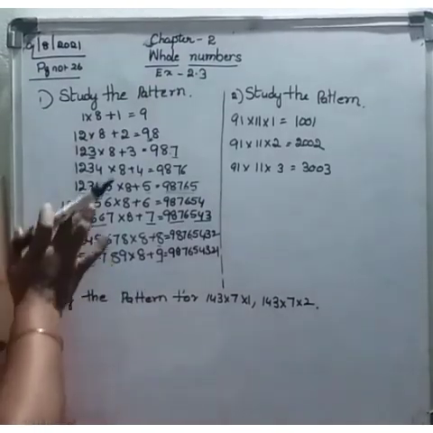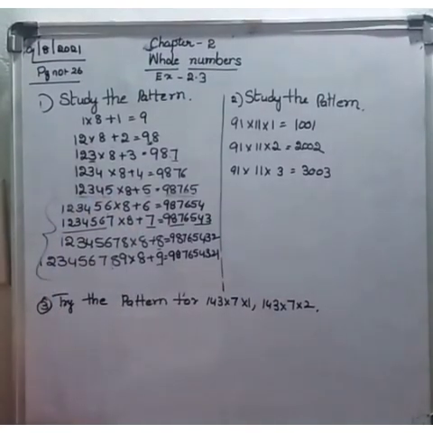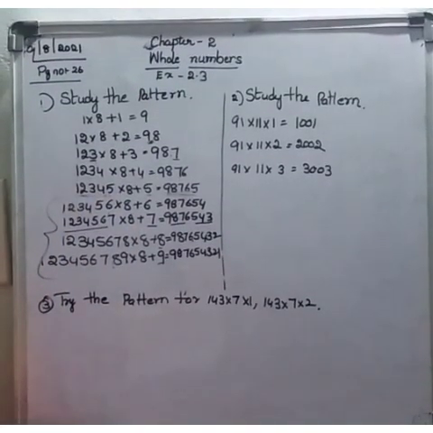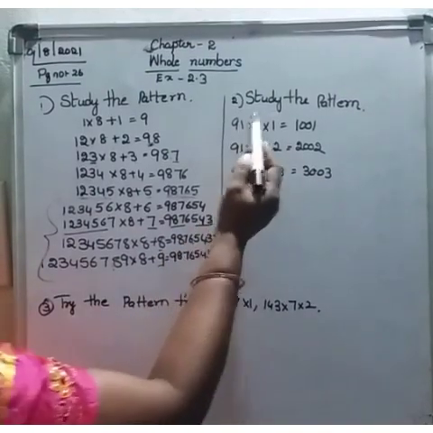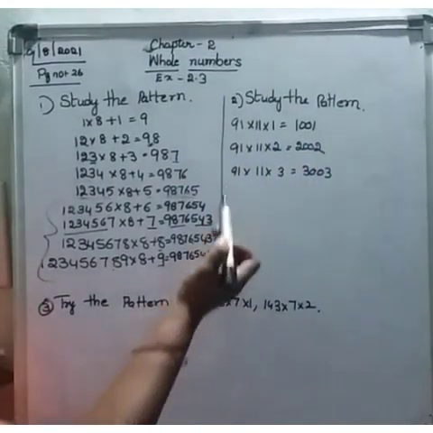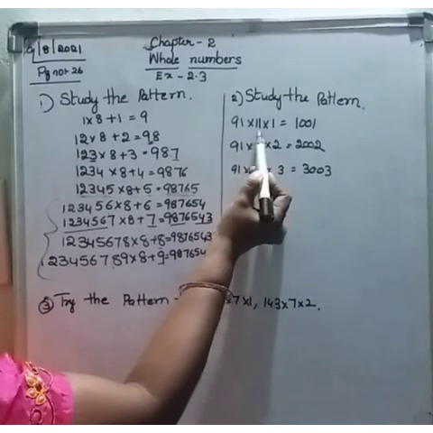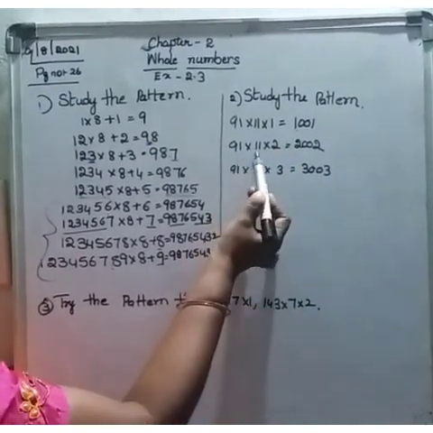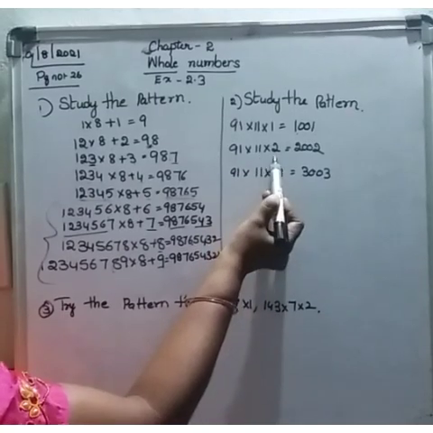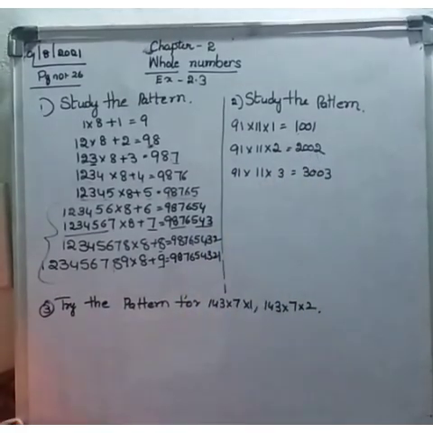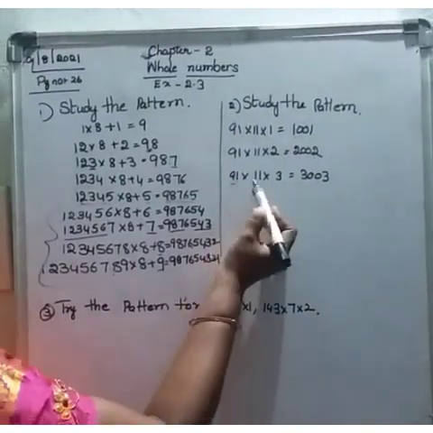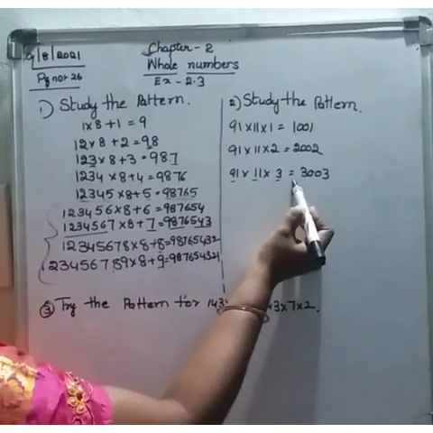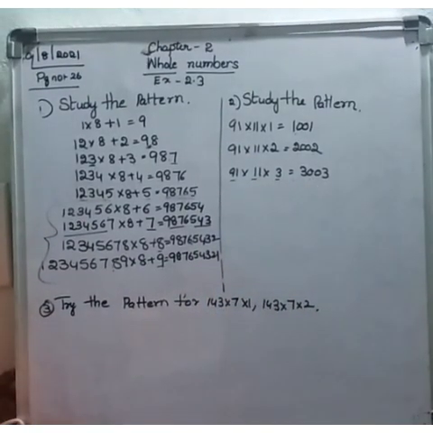Next, when you complete the answer, you have to study the following given pattern very well. Study the pattern. The second one: 91 into 11 into 1 equal to 1001. 91 into 11 into 2 equal to 2002. 91 into 11 into 3 equal to 3003.